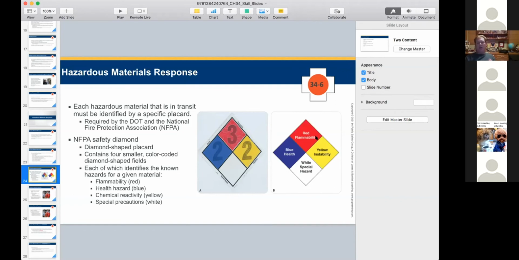It might be chlorine powder. You know, but by the color you know what's in there and what it possibly will react to. Okay, so that one, no for the test. Again, red's flammability, health hazards are blue, chemical reactivity is yellow, and special precautions are white.